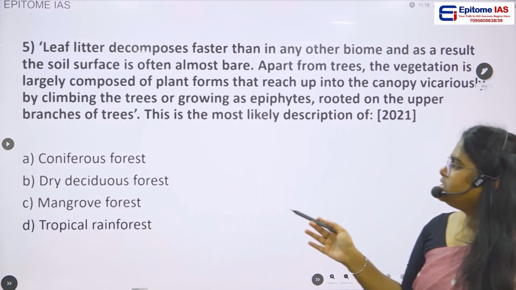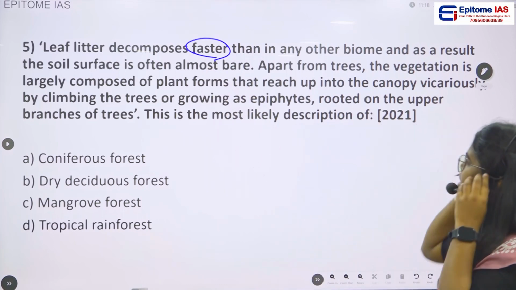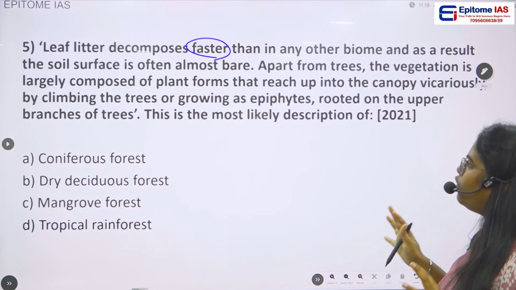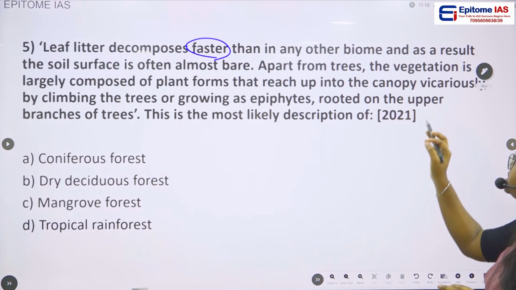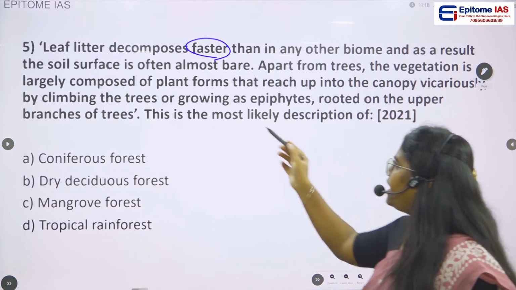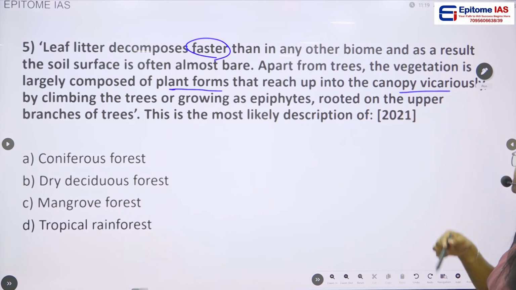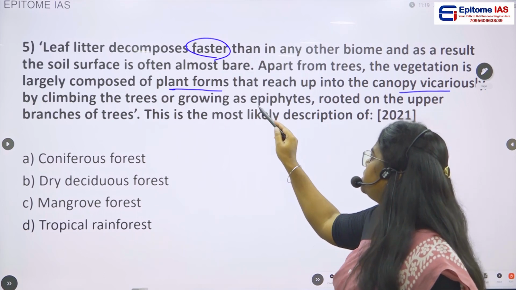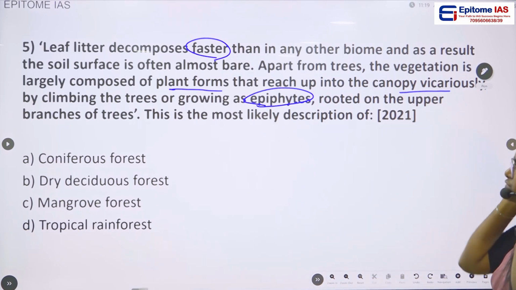Then next question: leaf litter decomposes faster than in any other biome, and as a result, the soil surface is often almost bare. Apart from the trees, the vegetation is largely composed of plant forms that reach up to the canopy vicariously by climbing the trees or growing as epiphytes rooted on the upper branches of the trees.